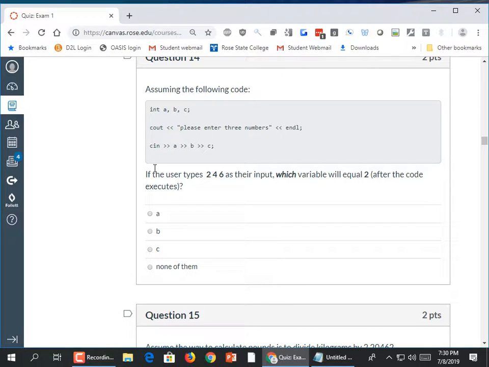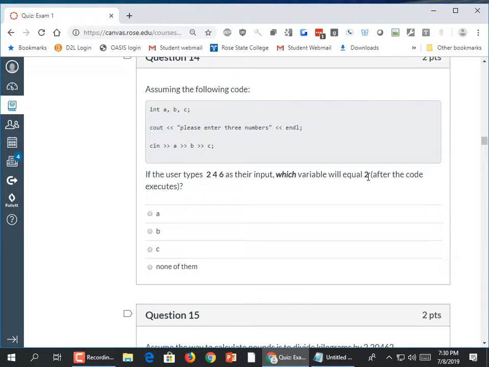Okay, a couple folks did get this wrong. If you have 3 variables being filled in, and the user types in 3 so-called tokens, which are pieces of data separated by spaces, the first token, the first value, fills the first variable. The second one fills the second variable. The third one fills the third variable.